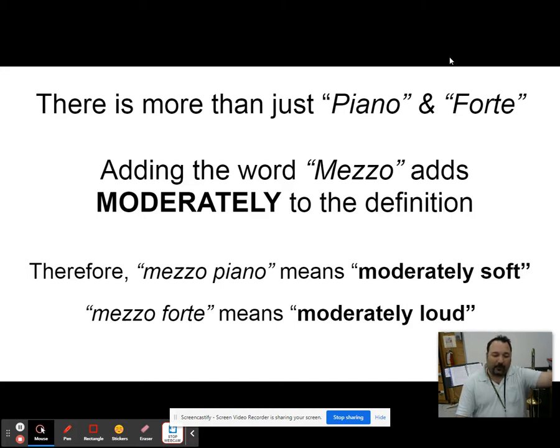And on the flip side, if we put mezzo in front of forte, now we're talking about moderately loud or medium loud or kind of loud. All right. So, mezzo piano would be a little bit louder than piano because piano is soft, but mezzo piano is kind of soft. And the opposite for forte is loud and mezzo forte is kind of loud. So it's almost as loud as forte.